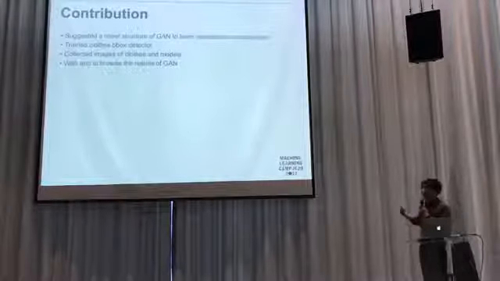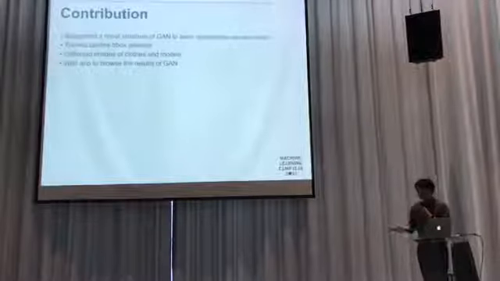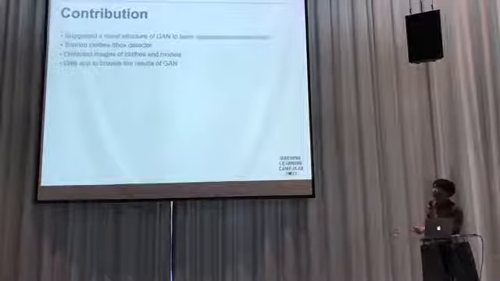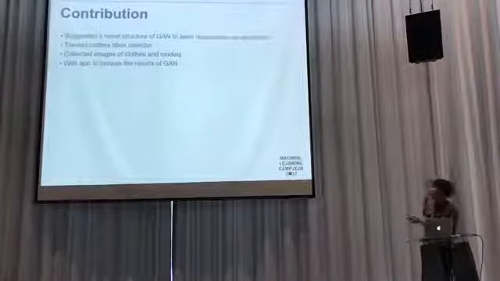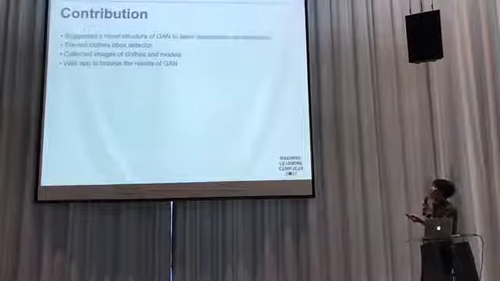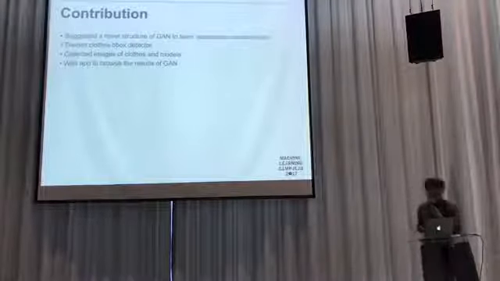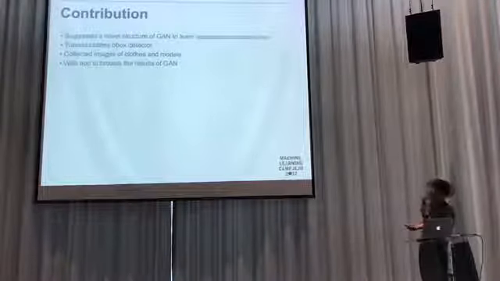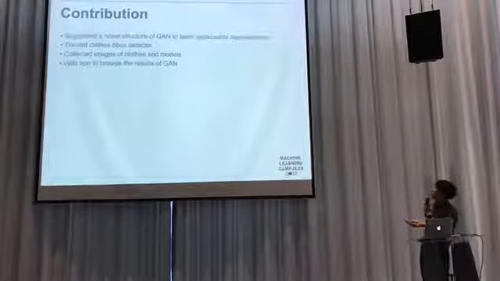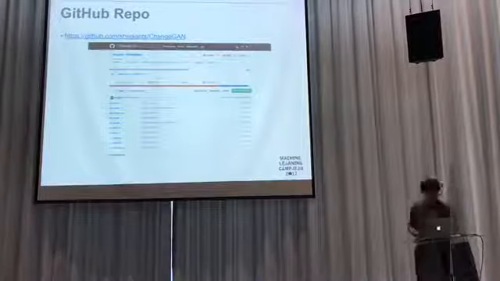I also needed to browse lots of results, so I implemented a web app to browse the results of GAN. If you want to, I'm glad to share. Here's the repo.